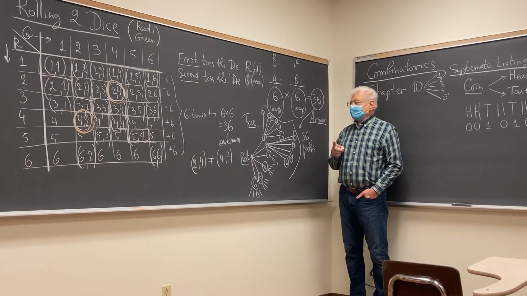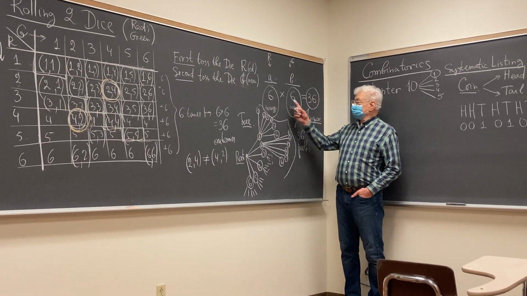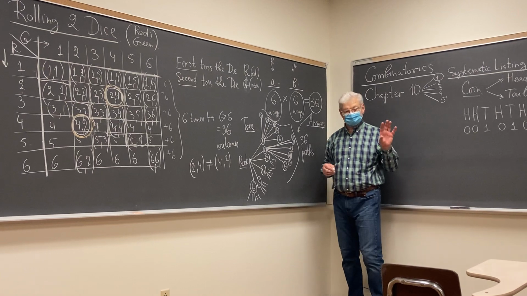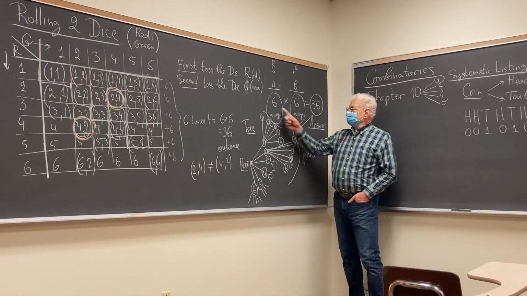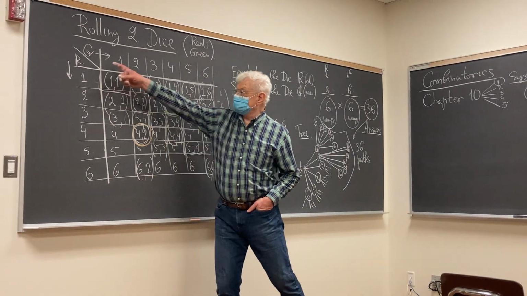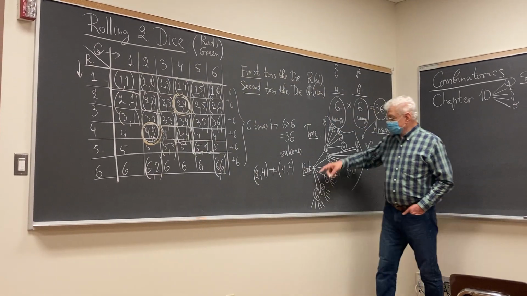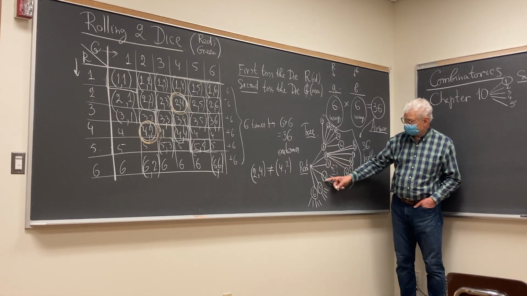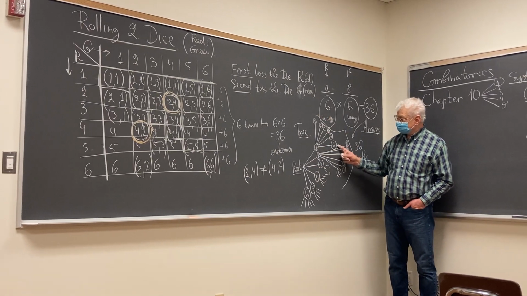independently. And after that you have to multiply, about which I will tell you the general rule a little bit later. So after that you multiply. Why multiply? Because the table shows that. That's 6 times 6. The tree shows that for each possibility for the first digit, you have 6 possibilities.